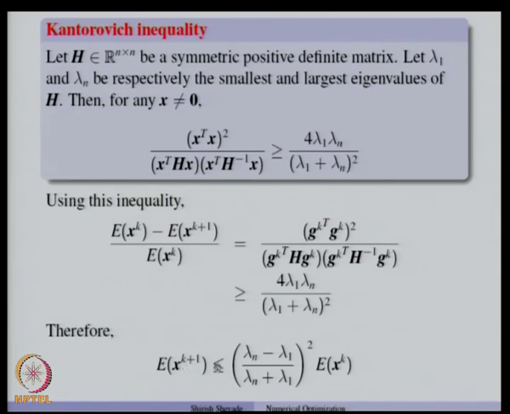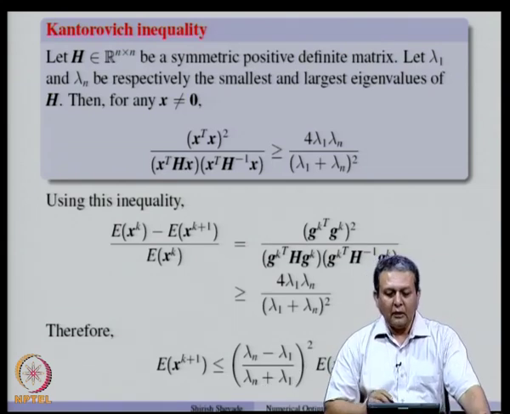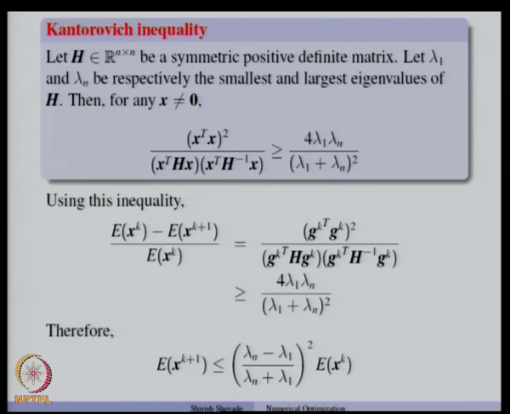So, therefore, we can rewrite this expression as E of x k plus 1 is less than or equal to lambda n minus lambda 1 by lambda n plus lambda 1 square into E of x k. Now, H is a positive definite matrix, so all its eigenvalues are positive. So, lambda 1 and lambda n both are positive and lambda n is greater than lambda 1.